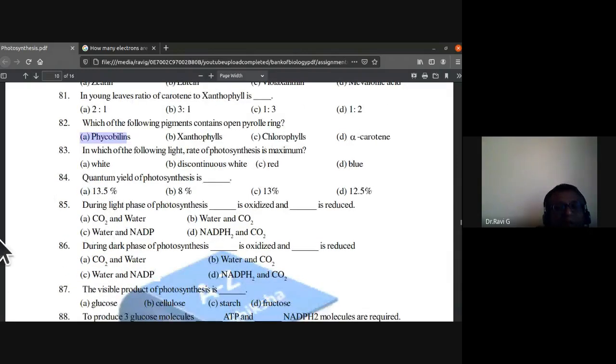83rd, in which of the following light is the rate of photosynthesis maximum? White, discontinuous white, red, blue. In which of the following light is the rate of photosynthesis maximum? The answer is discontinuous white light.